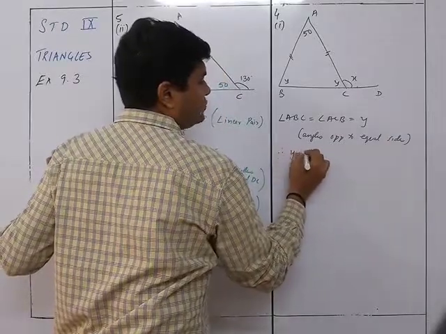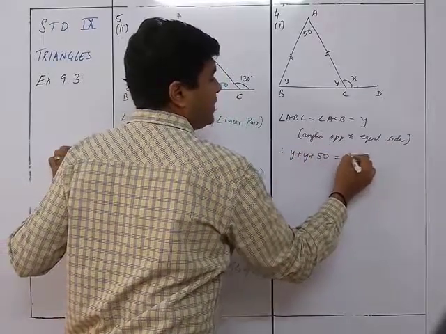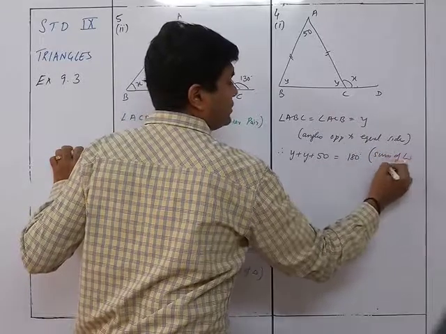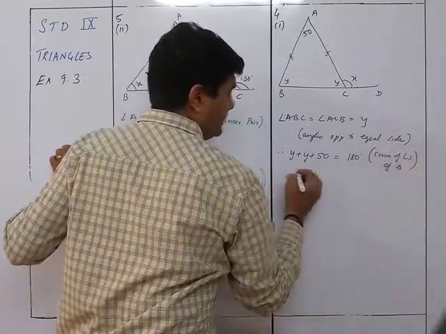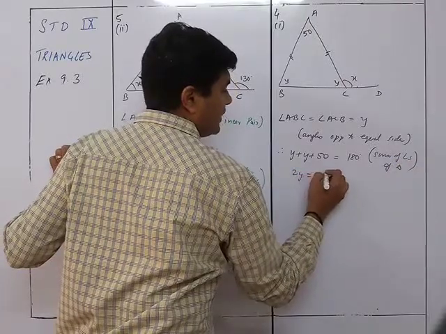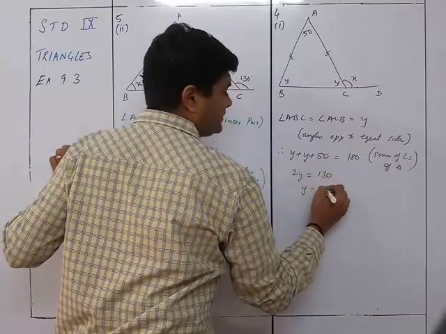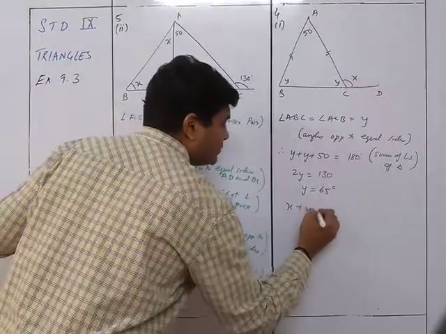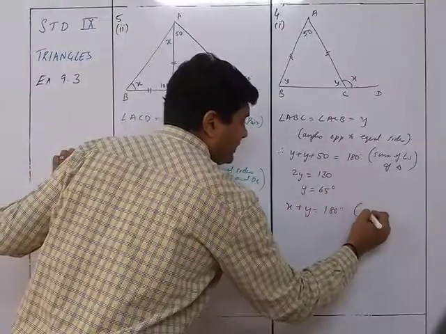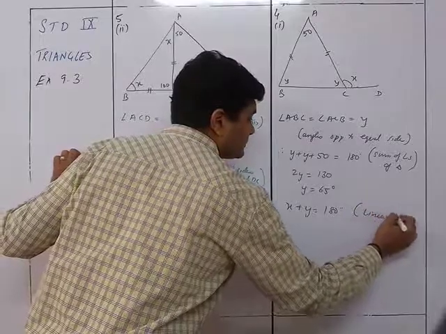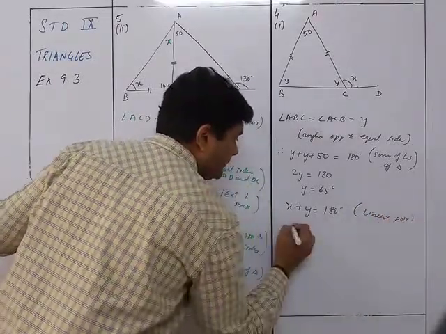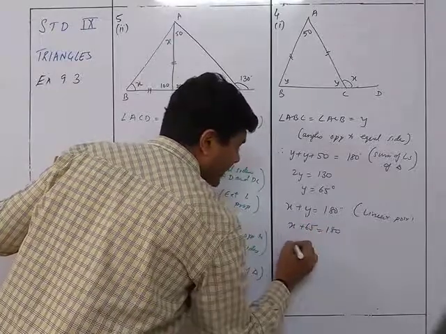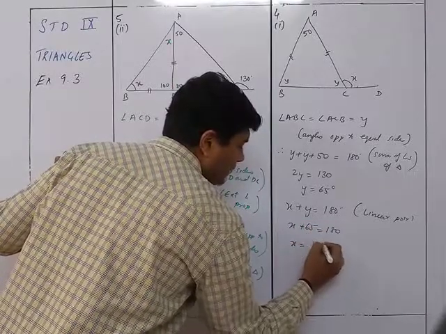Therefore Y plus 50 is equal to 180 degrees, sum of angles of a triangle. Therefore 2Y is equal to 130, Y is equal to 65 degrees. X plus Y is equal to 180 degrees, linear pair. Therefore X plus 65 is equal to 180, X is equal to 115 degrees.